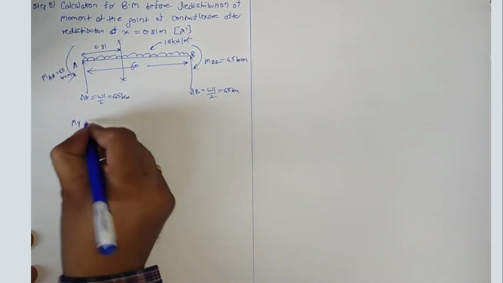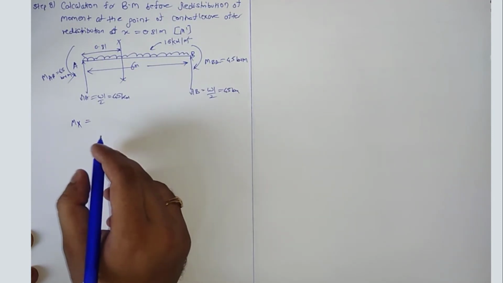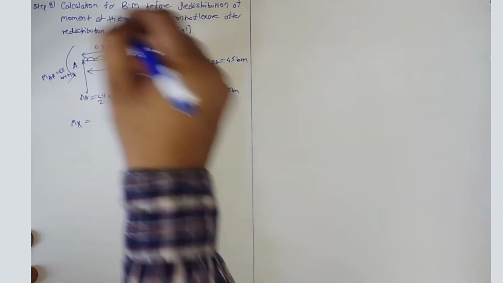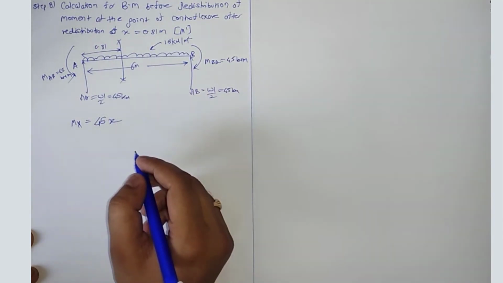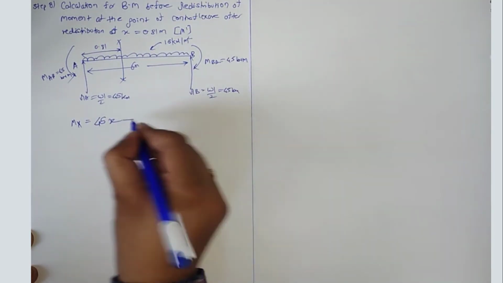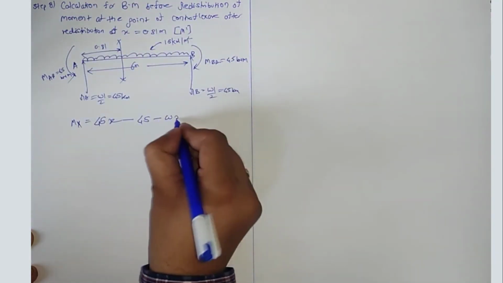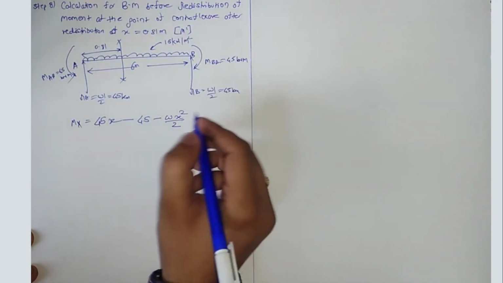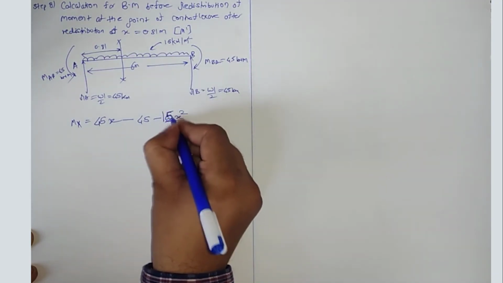So moment at x equals, now you know the distance, so this is 45 into x, 45x, minus 45, minus wx square by 2. What is w? It is 15. I can add it directly as 15, no problem.